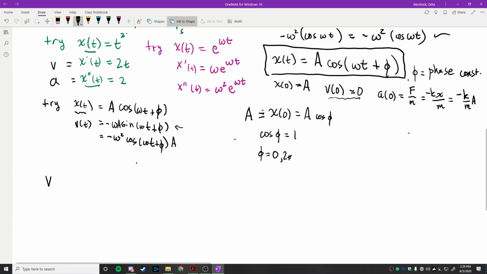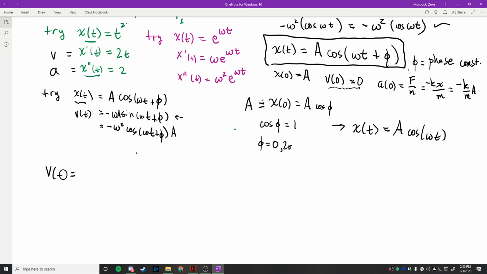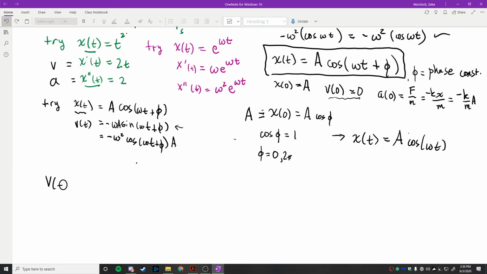So v of t... Look, this tells us something. We now know that x of t is equal to a times the cosine of omega t. That's actually our function. This tells us where the object is. But now we've got to check to make sure this actually works. So v of t would be... Oh no. I love that it just randomly does that. Undo, undo, undo.